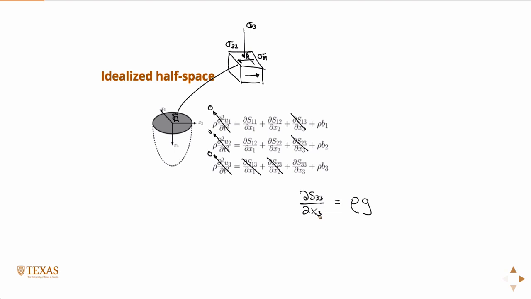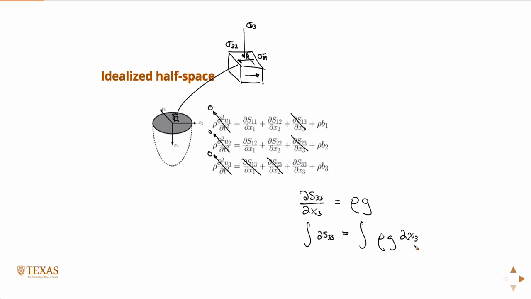And so then I can multiply both sides by partial x3, and then integrate. So I have the integral, something like that.